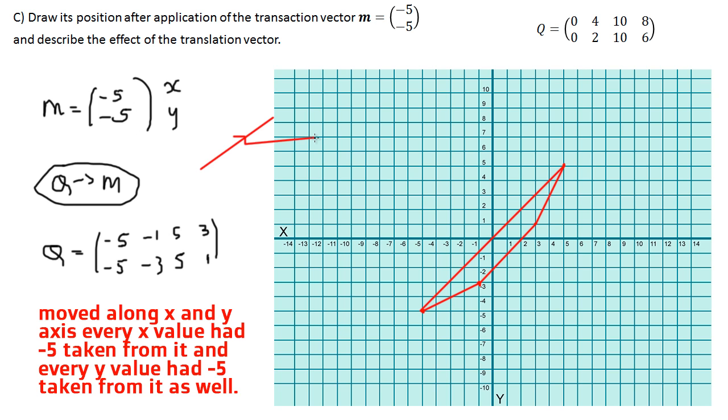So this vector starts from the top and ends at the bottom, and it goes diagonally to that side, which was what happened with Q. So remember, vectors have a direction, and that's what happened to our graph. Our graph was up here, and it was moved down in a diagonal direction, to minus 5 on y and minus 5 on x.